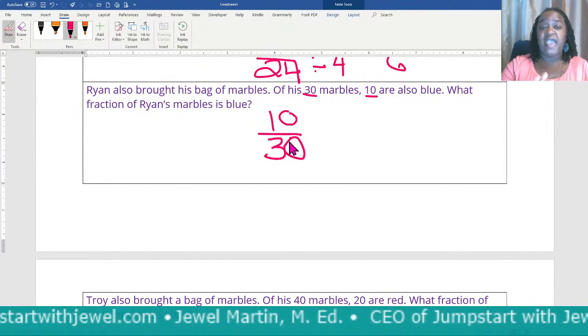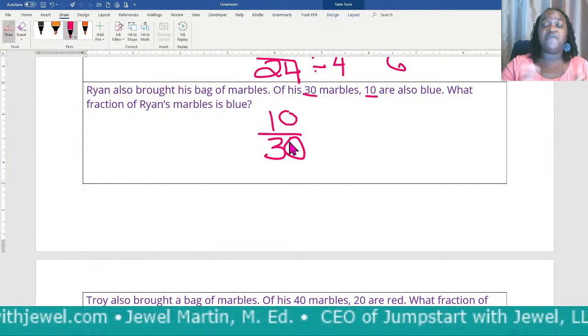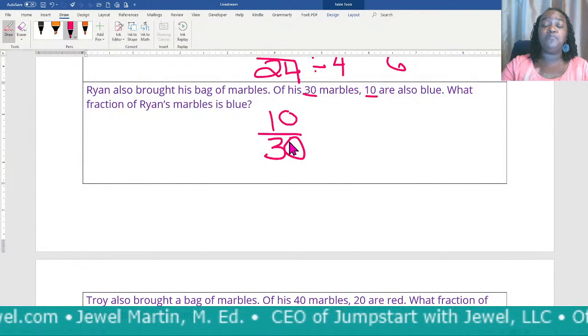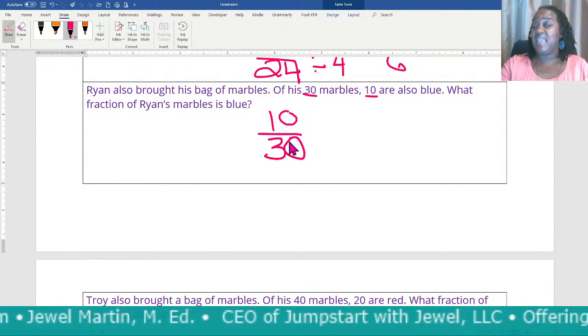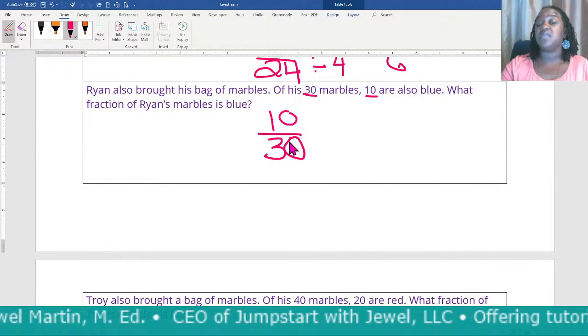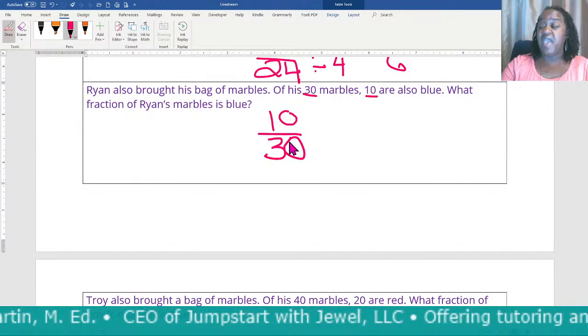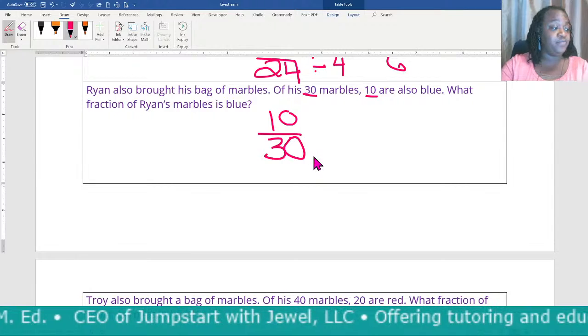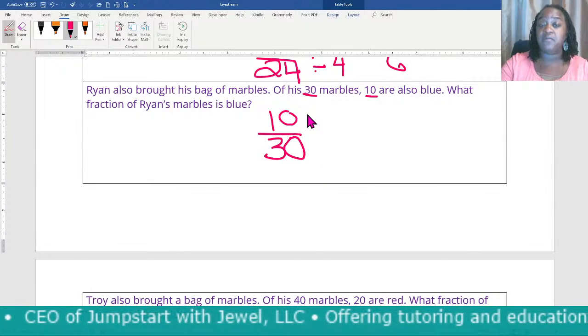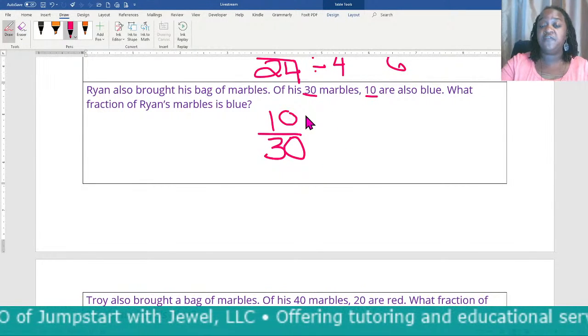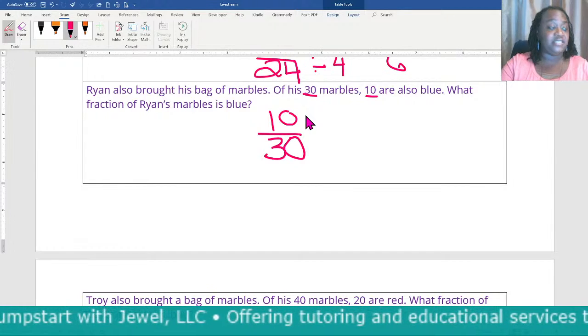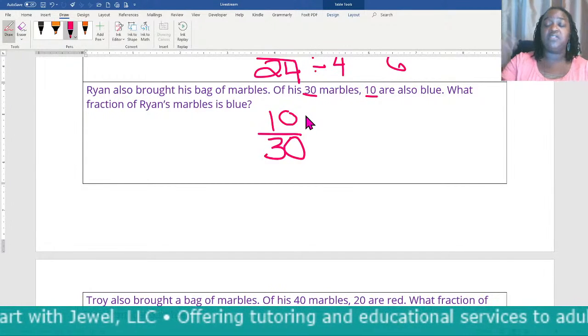What is the greatest common factor of 10 and 30? Factors, if you remember, are the numbers that you multiply together to get the answer, also known as the product. So the greatest common factor of 10 and 30 is going to be 10. If you think about your 10 facts, or think about skip counting by 10, 10, 20, 30, 40, 50, and so forth.